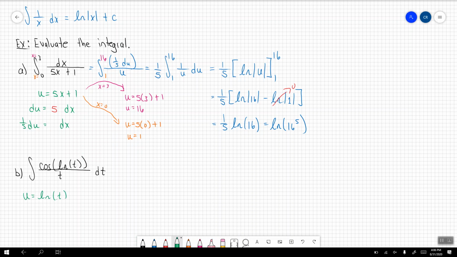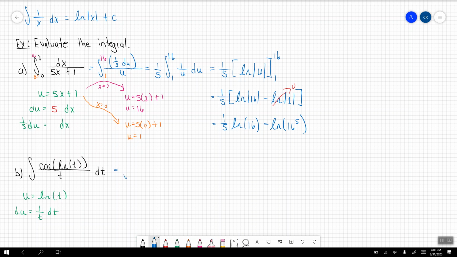Therefore, when I take du, I look at du in this form of 1 over t dt, because I took the derivative of natural log of t. And if you notice, 1 over t actually does show up in the integrand, so that's 1 over t dt.